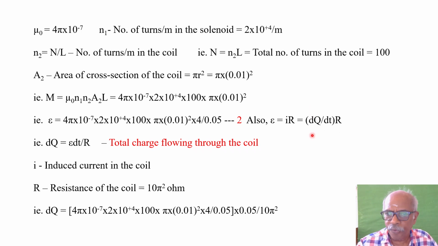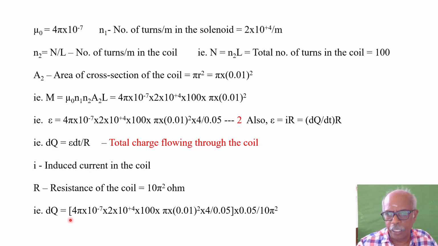R is the resistance. So dq is equal to, you put all the other things here, E into dt goes to the numerator, and R goes to the denominator. dq is equal to E dt divided by R.